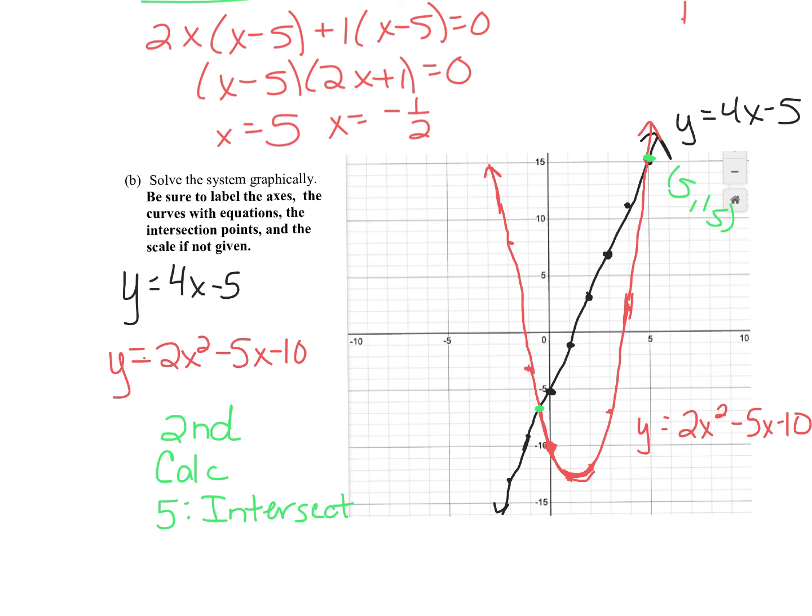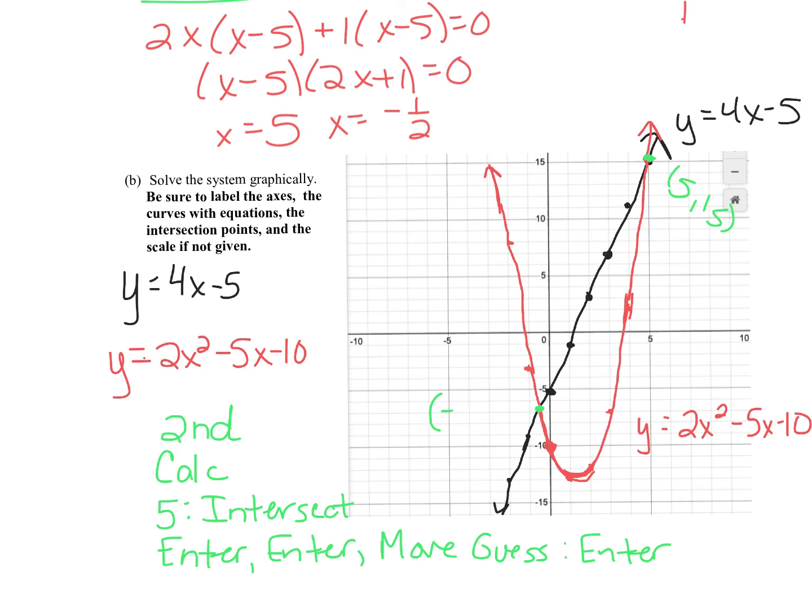It's going to ask first curve, second curve, guess. If you do nothing else and just press enter, enter, and move over to where you want to guess, and then press enter. So basically you're pressing enter 3 times and just make sure the last enter you're near where you want to find. That will give you the point.